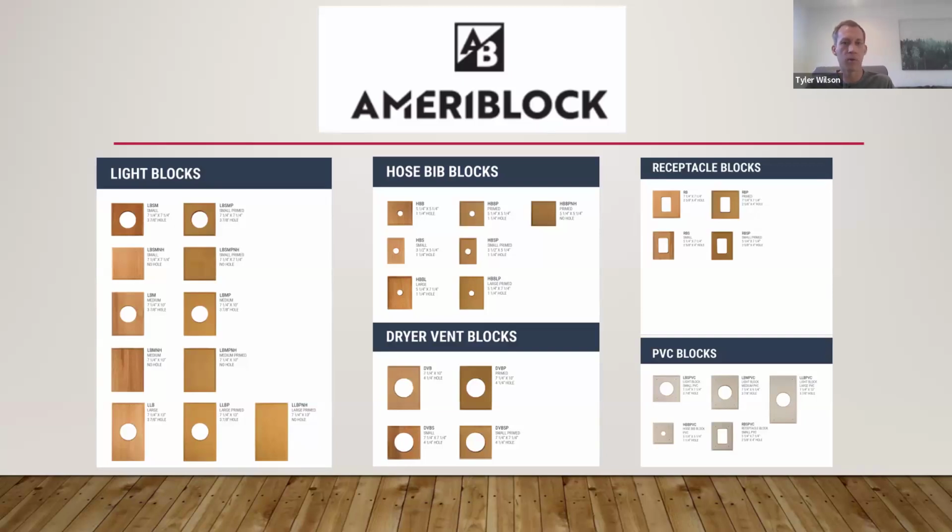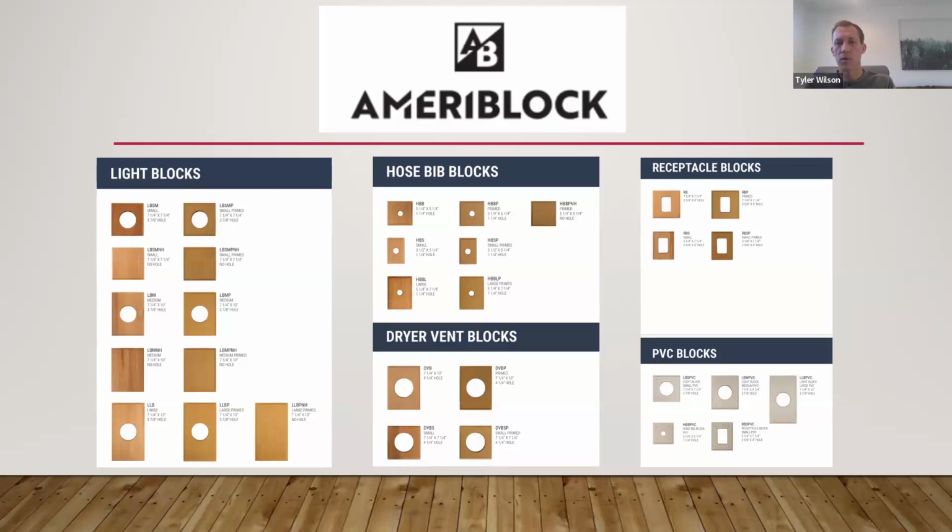So you can see we've got light blocks, hose bib blocks, dryer vent blocks, receptacle blocks, generic mounting blocks. So really any penetration coming out of a wall that has a wood or fiber cement lap siding should have a block behind it. Now, this isn't necessarily a manufacturer requirement or recommendation, but it is a best practice.